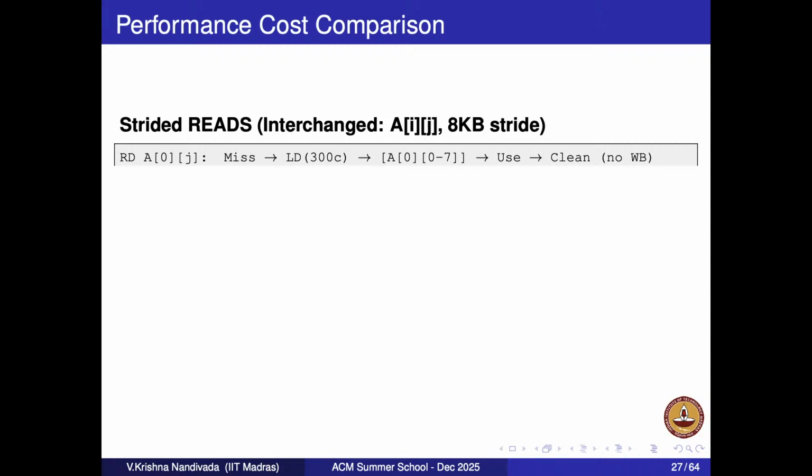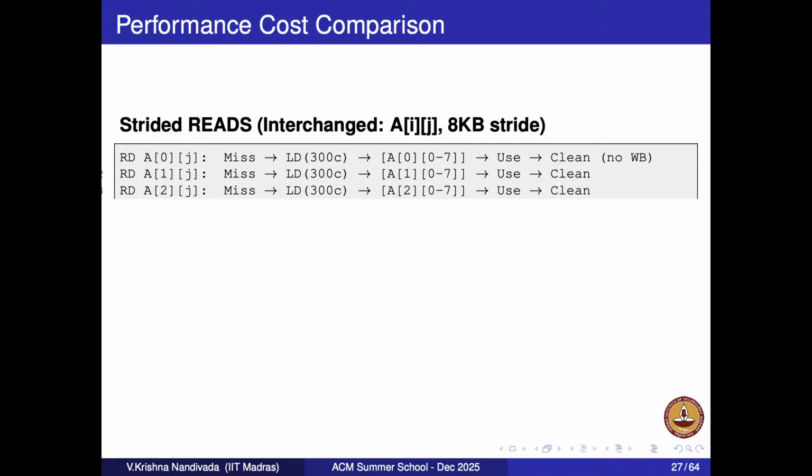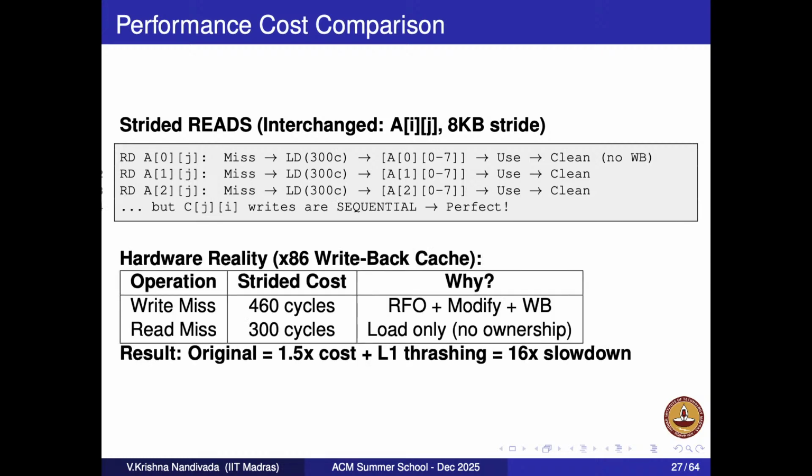As a result, I will have n square misses for reads, but the cost at each point is only 300 cycles, only the load cost. So if it's a write miss, the cost is 460 cycles. If it's a read miss, it is 300 cycles. Both have to be multiplied by n square.